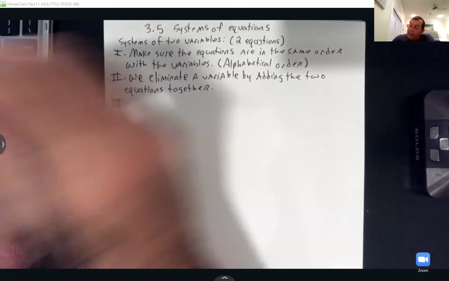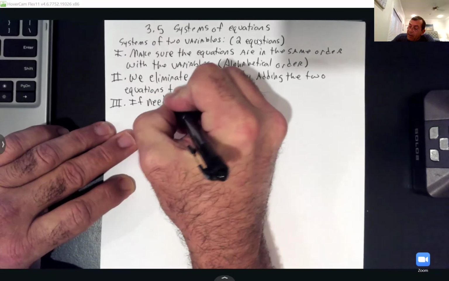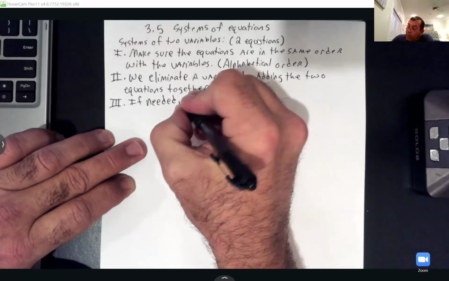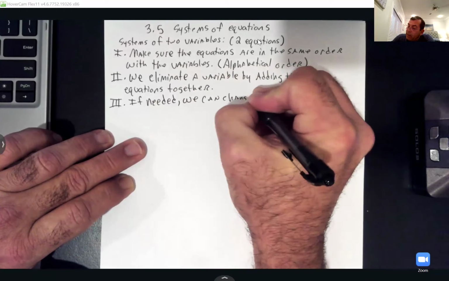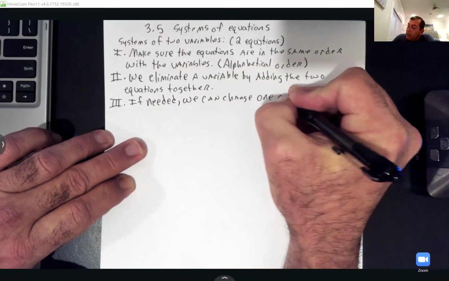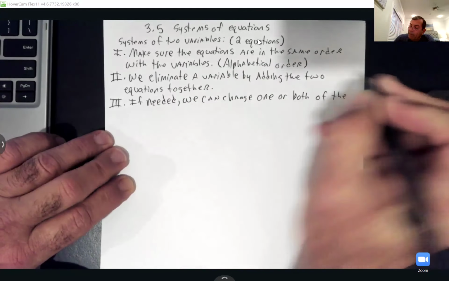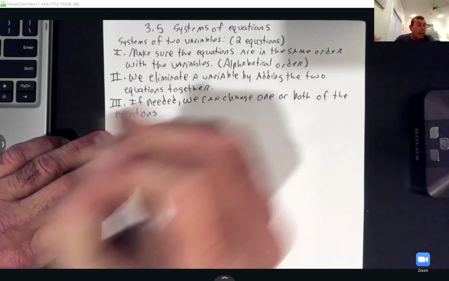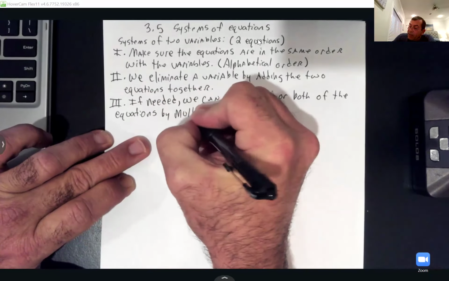Now, if needed, we can change one or both of the equations by multiplication.